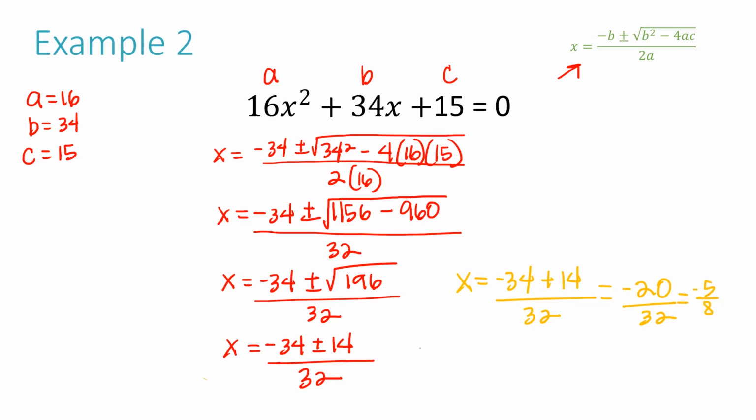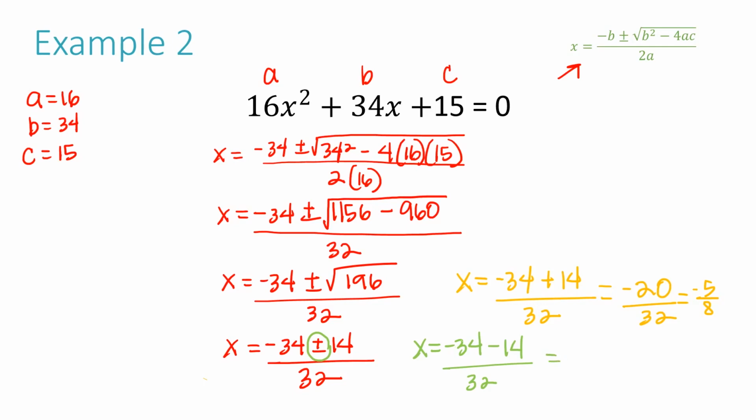Okay, so now we're going to do the exact same thing, but we're going to take this second version of our sign. We had negative 34 plus 14 over 32. Now we're going to do our negative 34 minus 14. So x equals negative 34 minus 14 over 32. Now I'm going to subtract here.